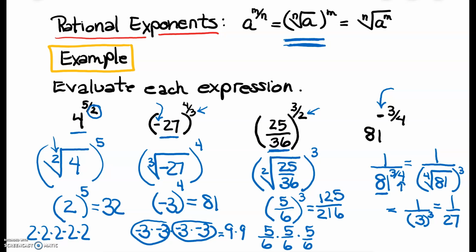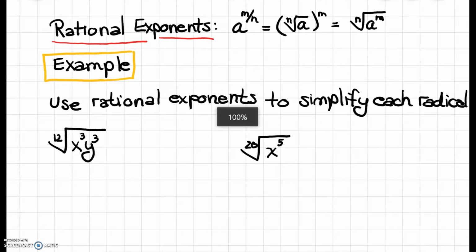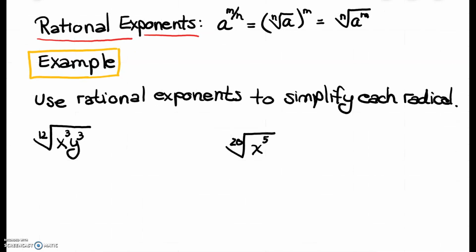All right, last set of examples here. We are going to use our rational exponents to simplify each of these radicals. So the very first thing we should do, it does say use rational exponents, so I'm going to convert to rational exponents.